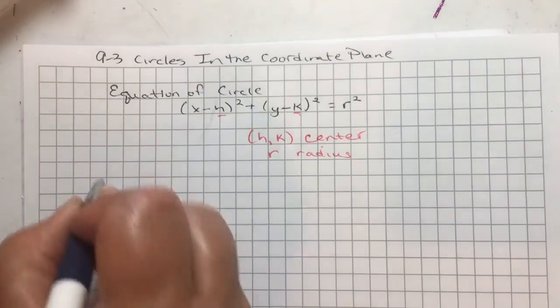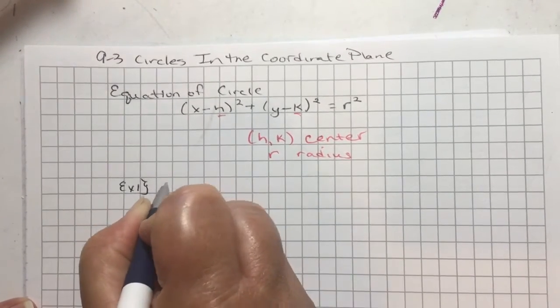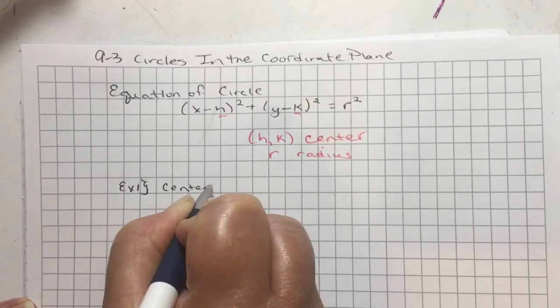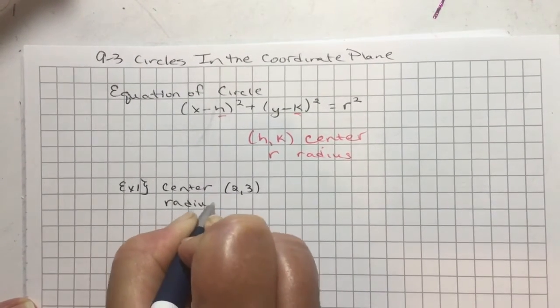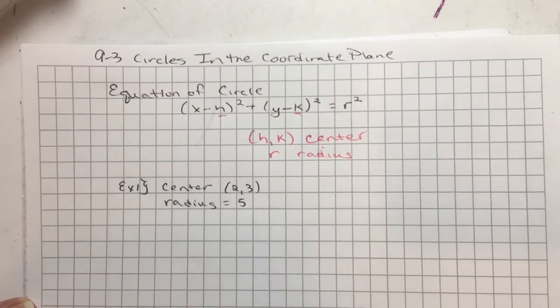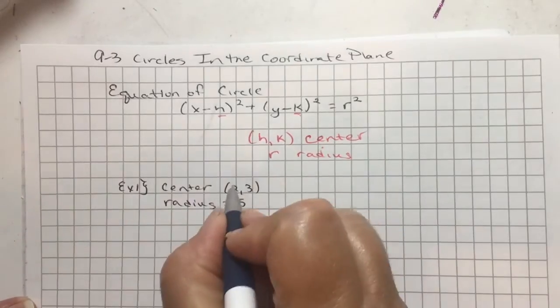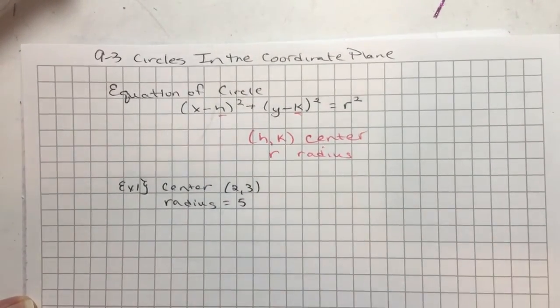So for example 1, let's use that formula and give me the equation of a circle that has its center at (2, 3) and its radius at 5. This is your h and your k, and this is the r.